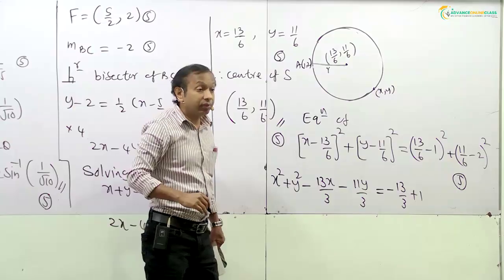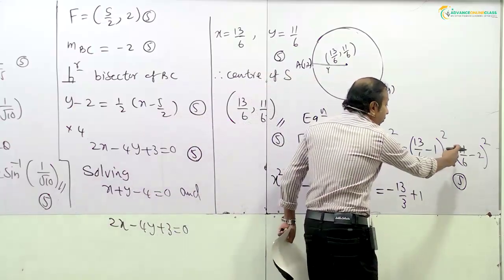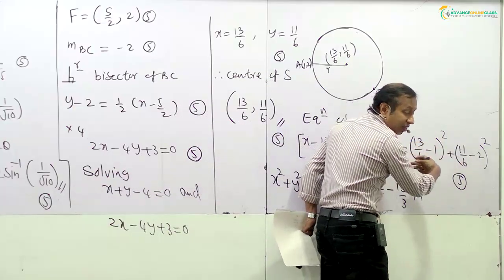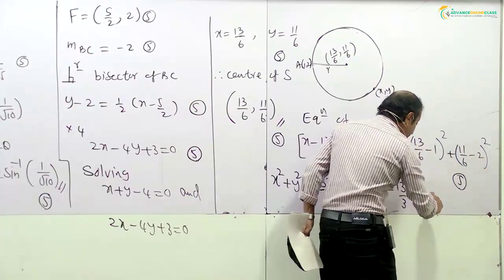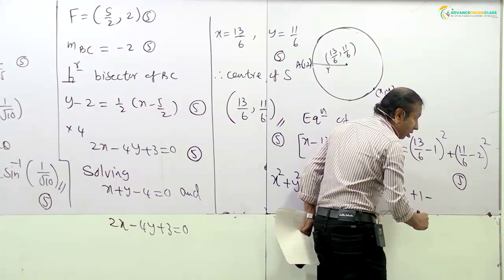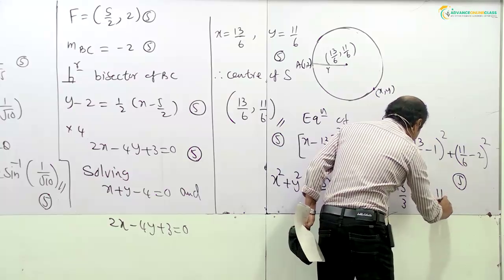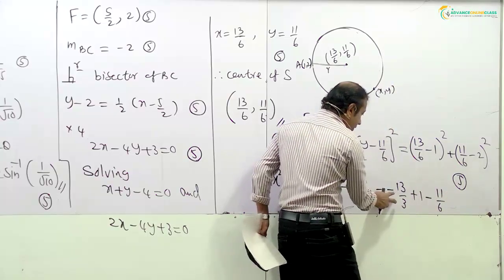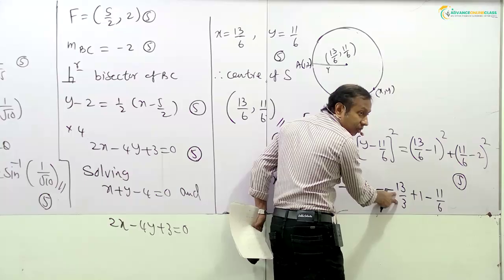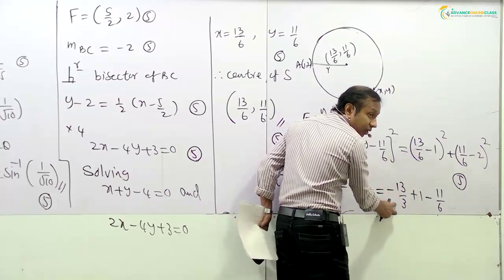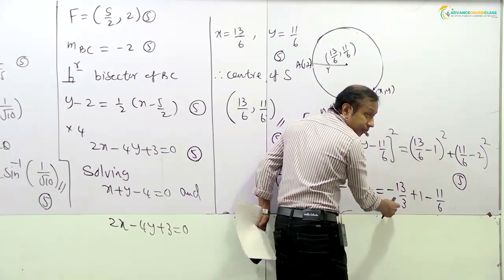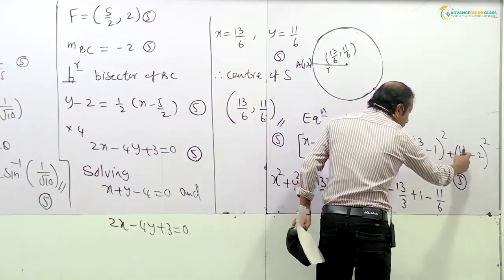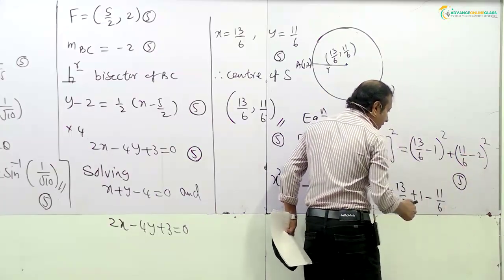Is it clear? Yes. Square of this one, we cancelled. What is the middle one? Minus what? 7 by 6. Here, am I wrong? Correct, no? This into 2, no? Right. Here, this into 2, 11 by 6. That's also correct. And plus 4.